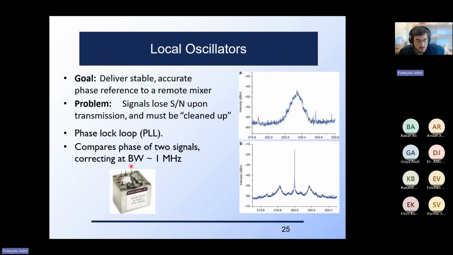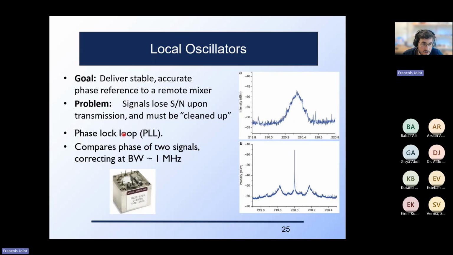So we've seen the mixer, we've seen the front end, and now I want to show quickly the local oscillator. As I said earlier, the goal of the LO is basically to be a frequency ruler. It has to be tunable, it has to be phase stable, and it has to be quiet.